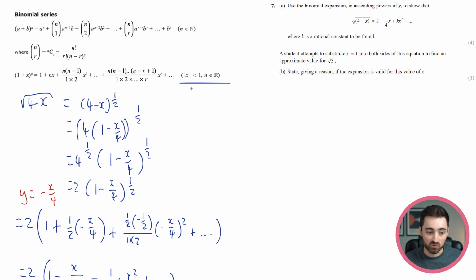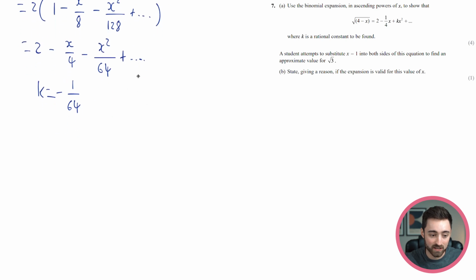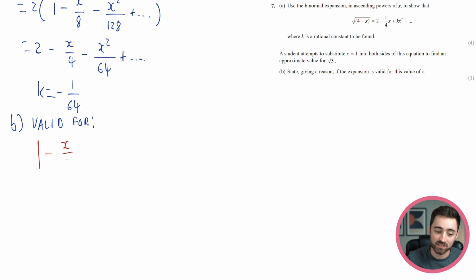But remember, in our case, our x is actually minus x over 4, okay? So our expansion is valid for the modulus of minus x over 4 being less than 1. So, well, minus sign modulus, that's just going to be that.